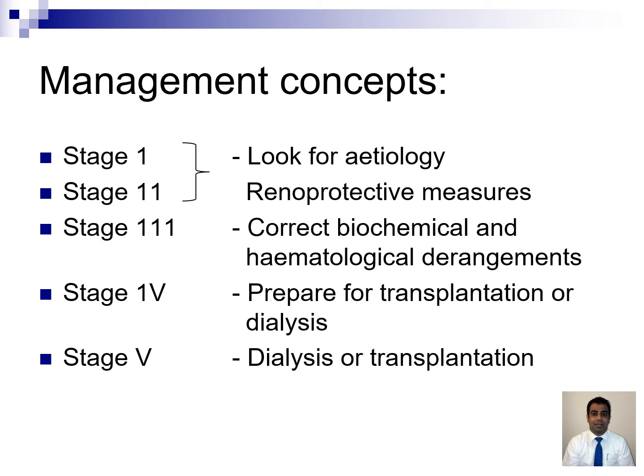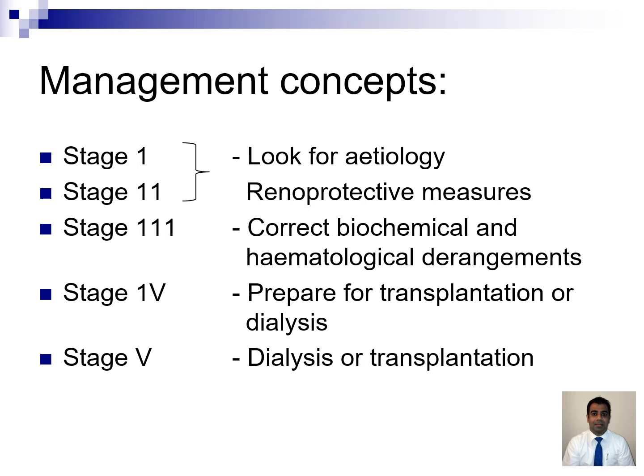In stage 4, that is when the GFR falls to between 15 and 29. That is the stage at which you need to prepare the patient for transplantation or dialysis, because at some stage this patient is going to go into end-stage renal failure, and that is a certain fact.